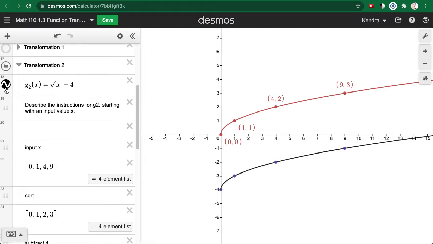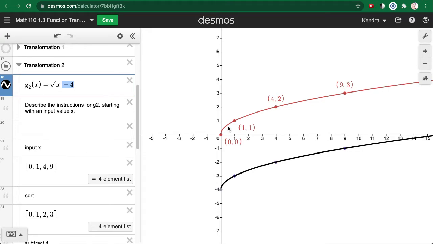Of course, this is something I could do by hand, and we can just let Desmos graph it for us, but we're tracking to actually understand what is happening here and why this is happening. So in this transformation, we've taken our x, we've applied our base function, which is a square root, and after we applied our base function, we subtracted 4.